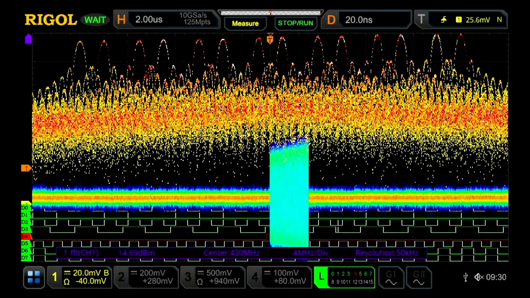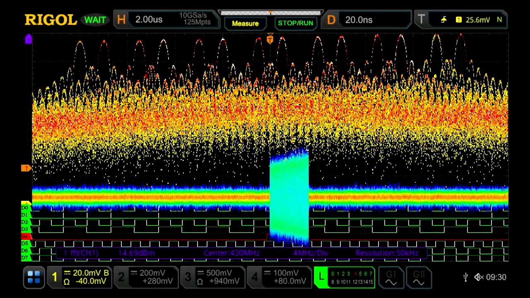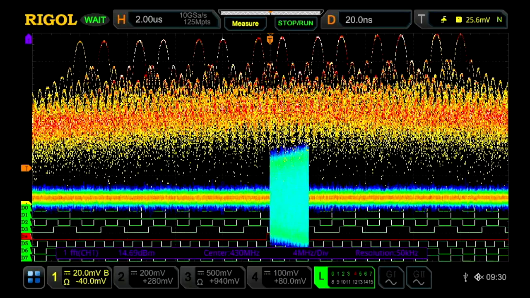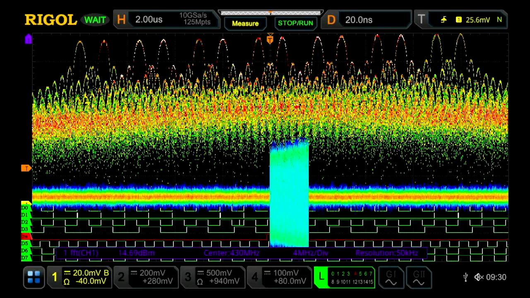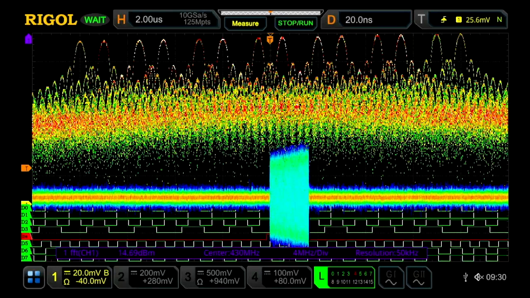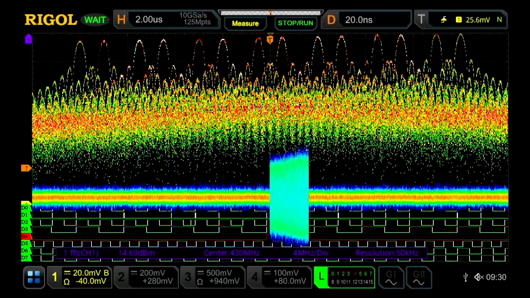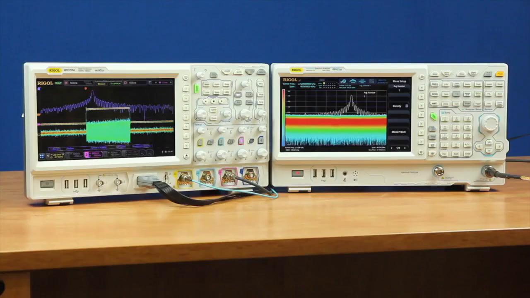We can see how it fits in 7 channels of FSK data. We can then time correlate those pulses with other embedded signals like the digital logic channels we see at the bottom of the screen. Altogether, the enhanced Keller FFT combined with the high sample rate and deep memory make the 7000 a great instrument for these sort of multi-domain time correlation applications.